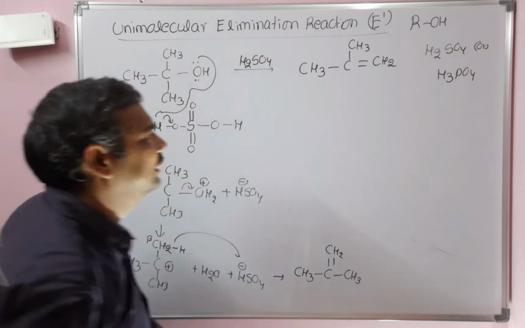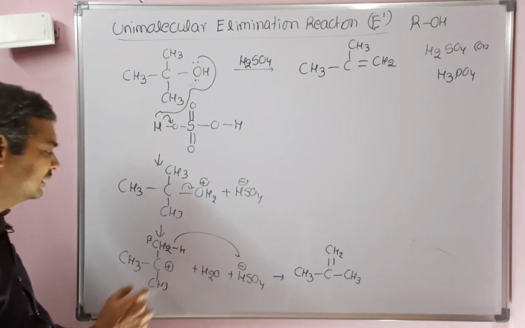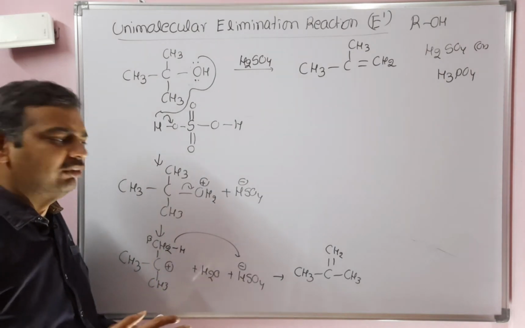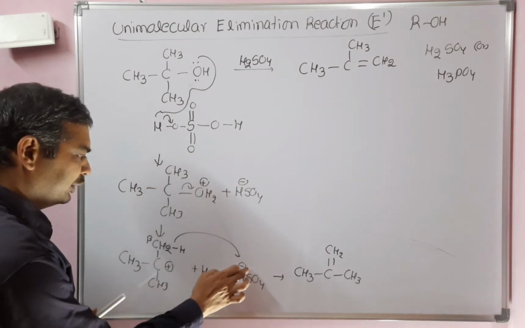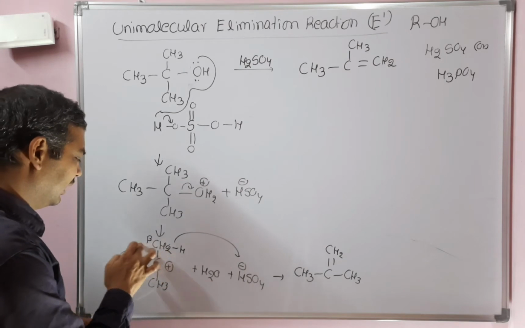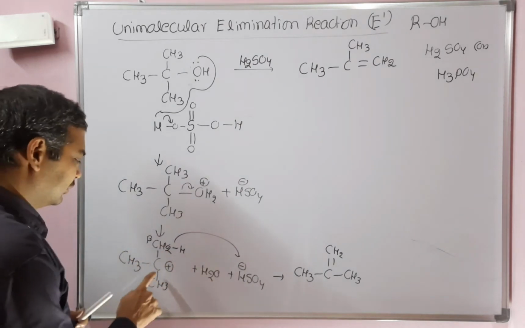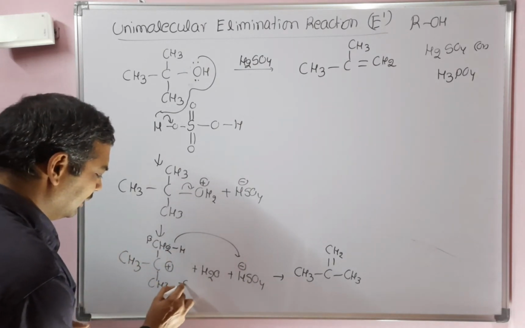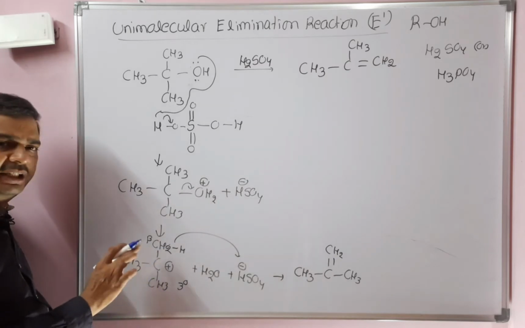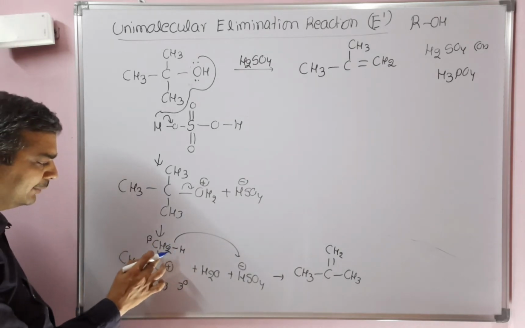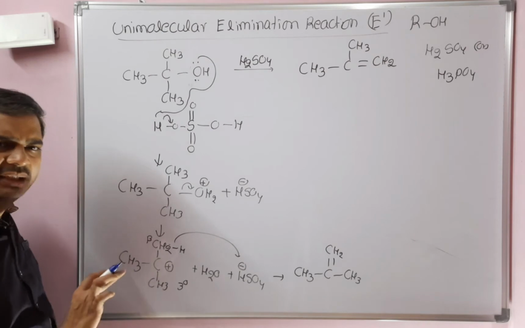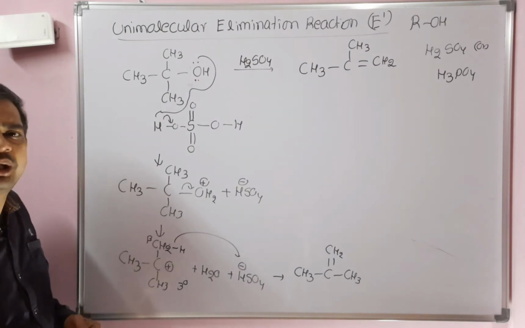Also, this is a tertiary carbocation, so there is a possibility of rearrangement, but if it undergoes rearrangement, tertiary gets converted into primary. It is not advisable to undergo rearrangement.